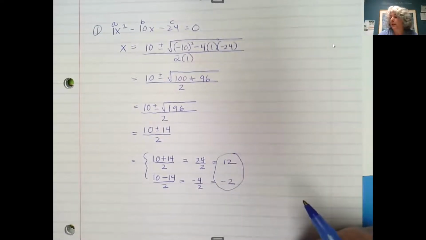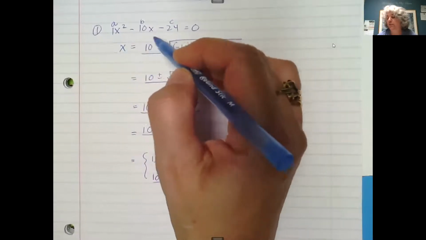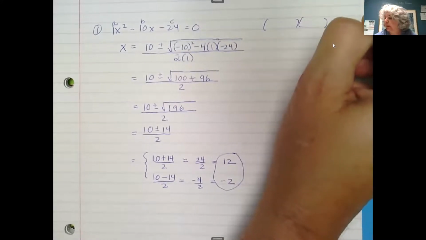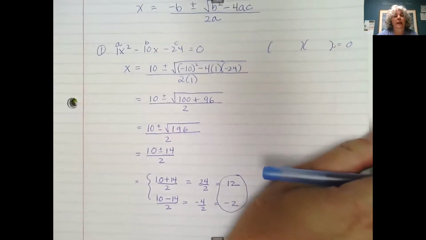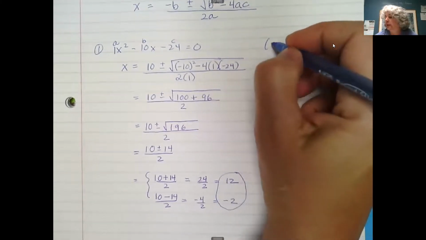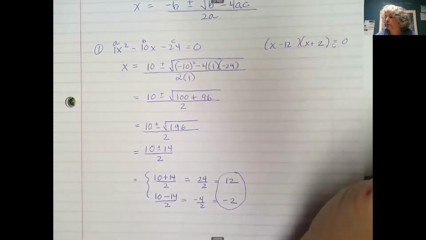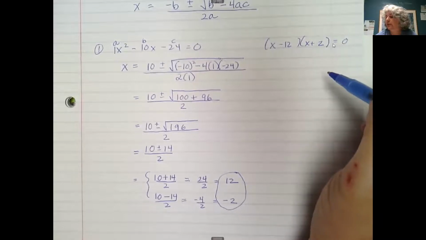All right. And like I said, if you can factor, it would be much easier to factor, right? If I can think of two numbers that multiply to give me -24 and add to give me -10, well, that'd be x minus 12 and x plus 2, right? That multiplies to give me -24, adds to give me -10.